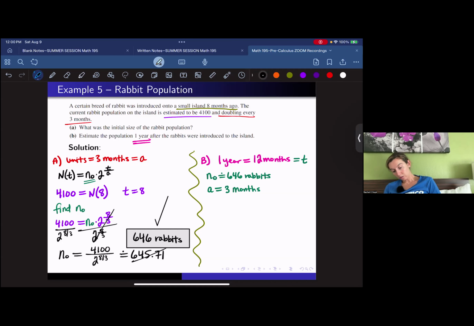And now we can write down the general formula. Again, our N of T is equal to our initial value times 2 to the T divided by A, since it's doubling. So our N of T is equal to 646 times 2 to the 12 divided by 3. N of T is equal to 646 times 2 to the 4th. 2 to the 4th is 16.